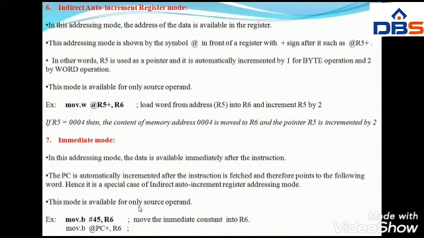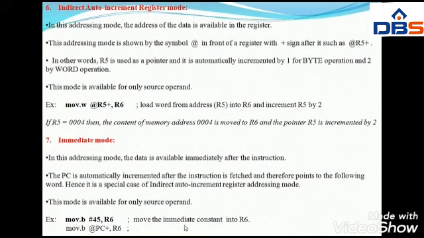This mode is also available only for the source operand. In the previous modes the data is available for both source and destination, but in these two, auto increment register and immediate data, it is only for the source operand. Here, move byte #45 to R6.